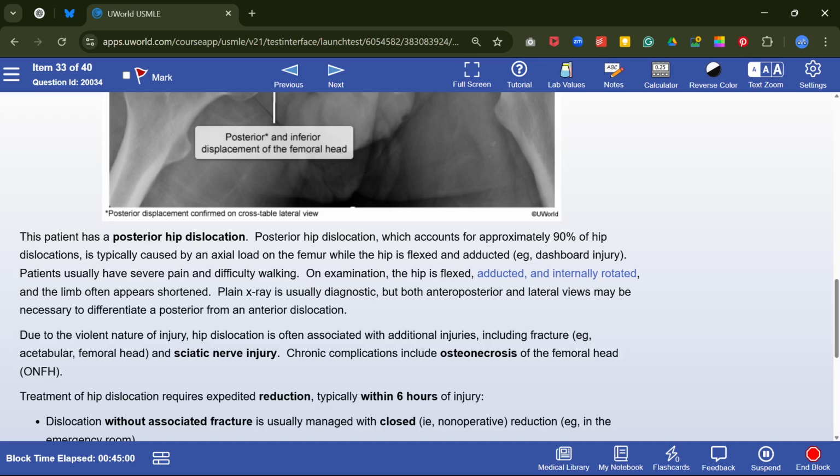Dashboard injury. Patients have severe pain and difficulty walking. On examination, the hip is flexed, adducted, and internally rotated.